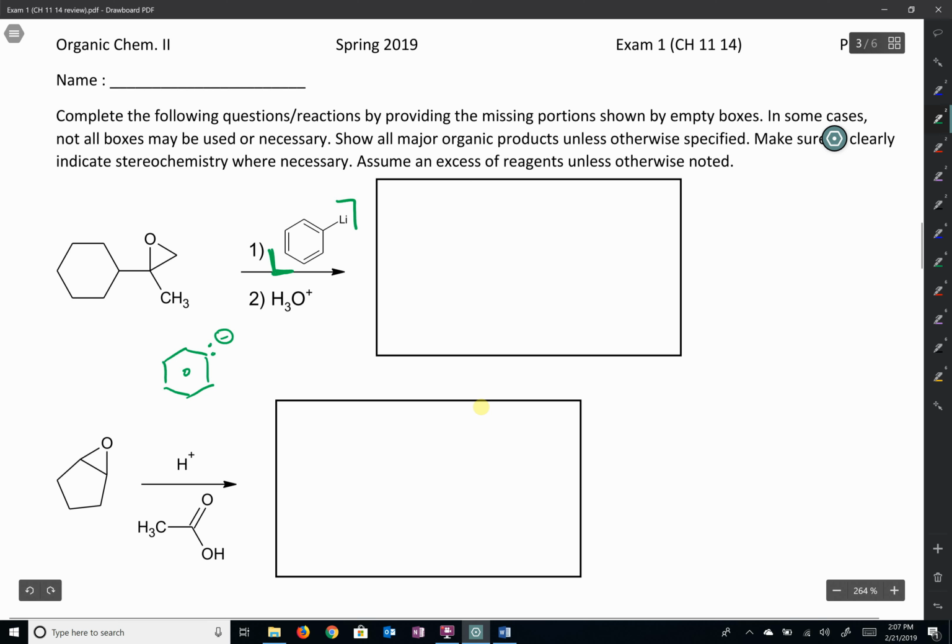So under basic conditions, we're going to ring open by hitting the less substituted side. Right? So there's our carbon that we hit. Okay. Now I'm going to pause here.